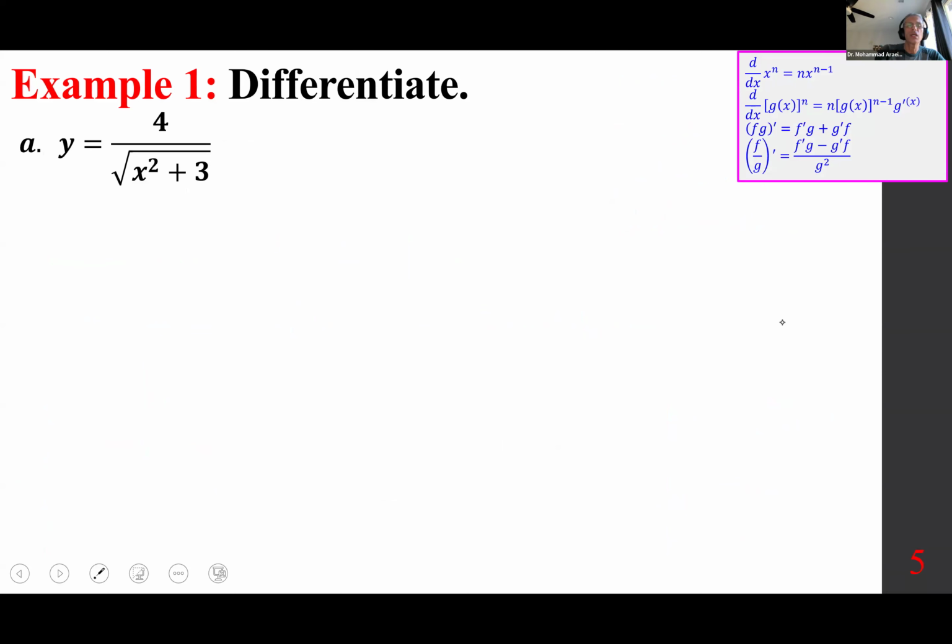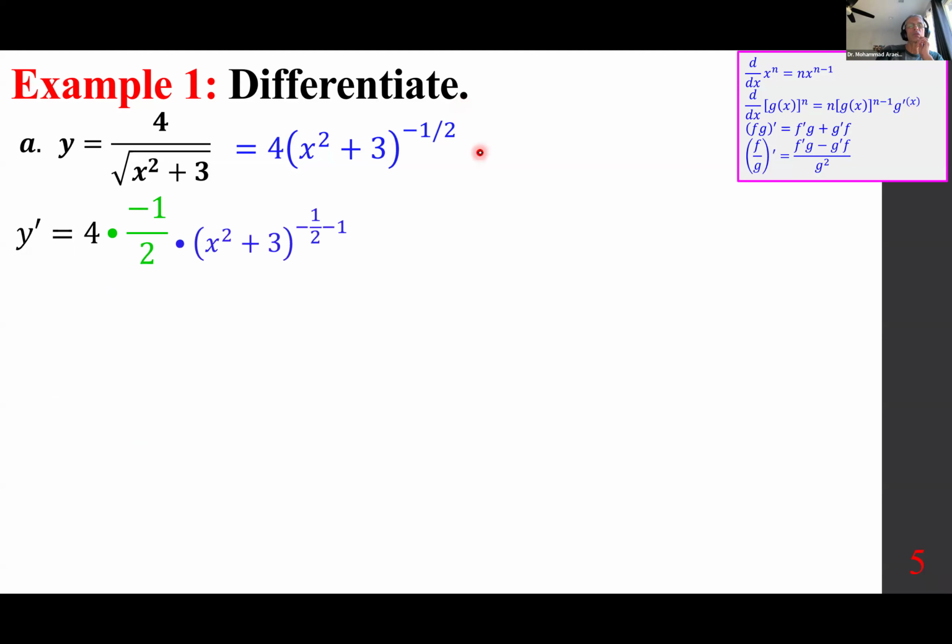Let's start differentiating. We change this to x squared plus 3 to the power of 1/2. We bring it back, and the reason we do that is to get it ready for the extended power rule. So 4 times negative 1/2 times the same thing to the same power, subtract 1 makes it minus 3/2.